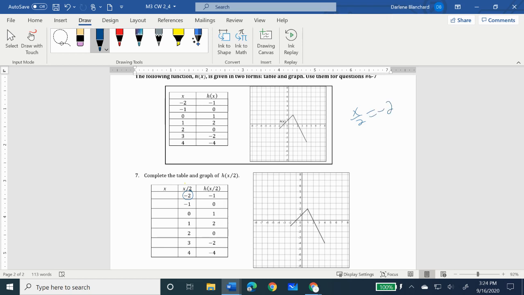Well, I need to multiply by 2, and I get negative 4. If x over 2 is equal to negative 1, to find out what x was, I need to multiply both sides by 2.